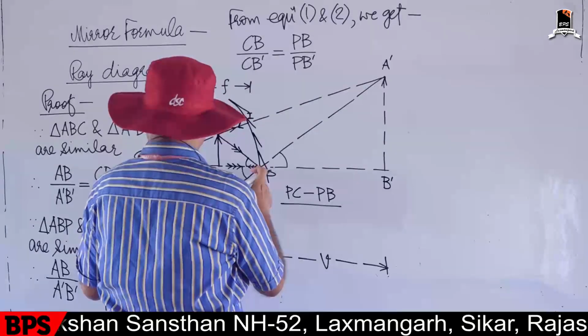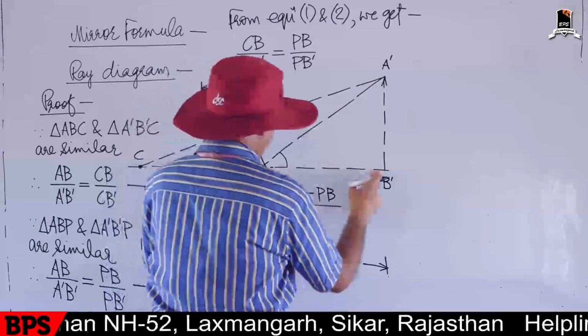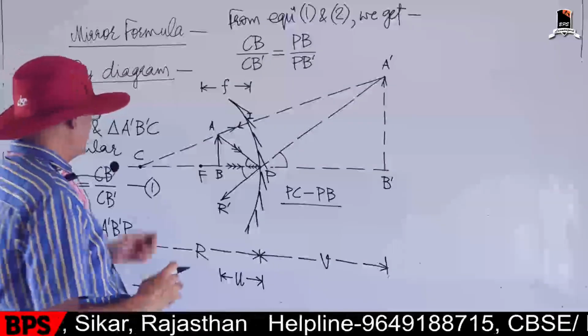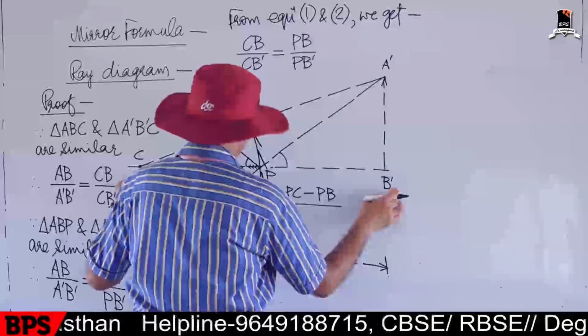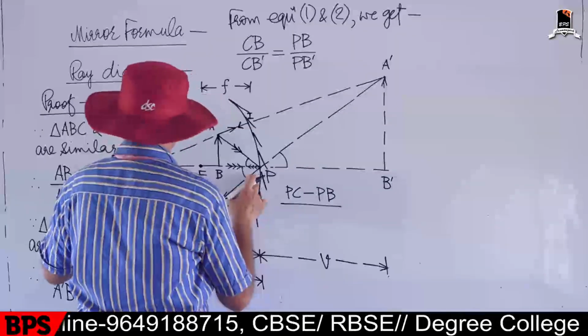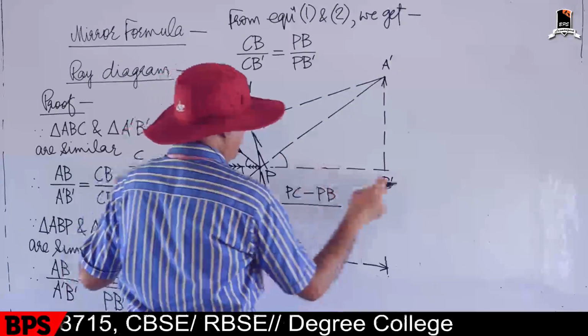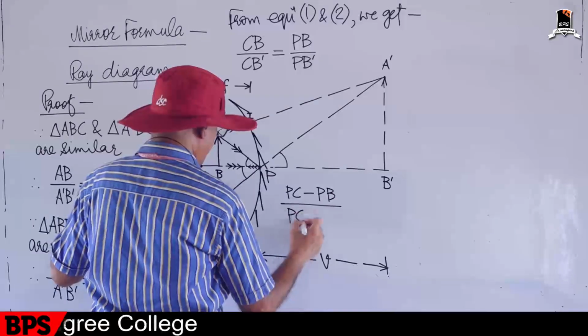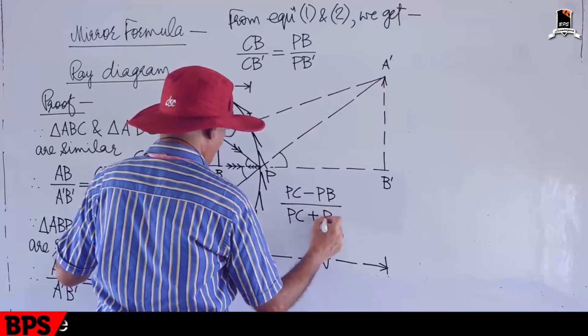So it is PC plus PB dash. CB dash is equal to PC plus PB dash.